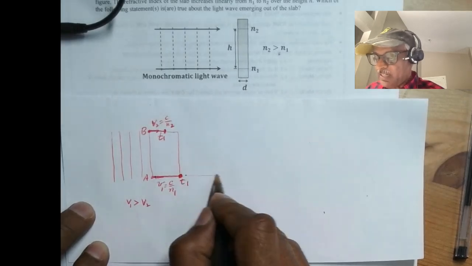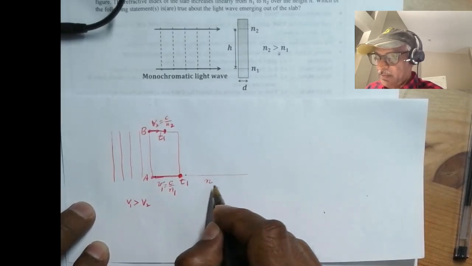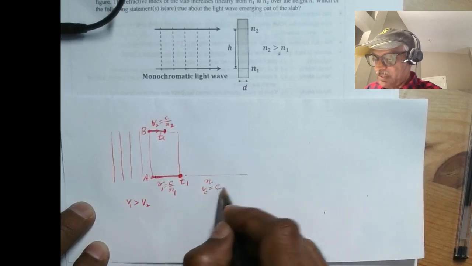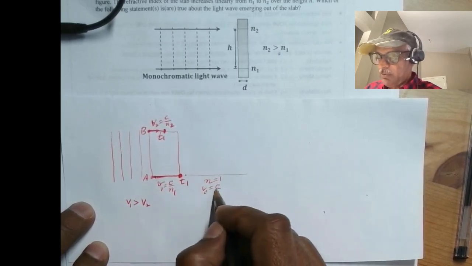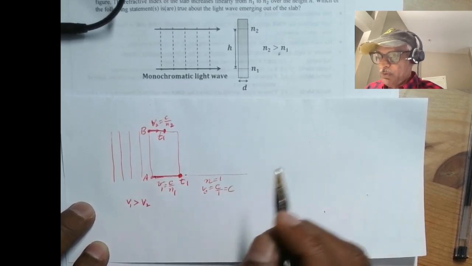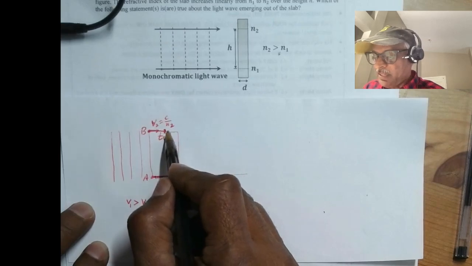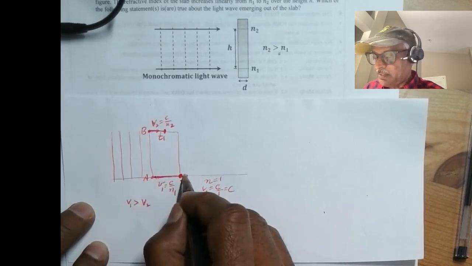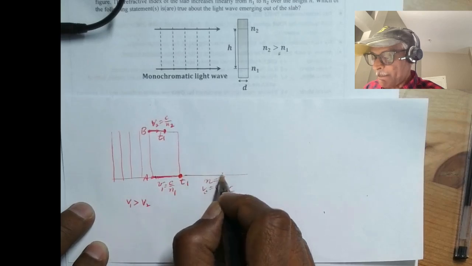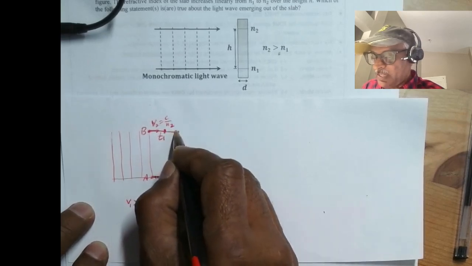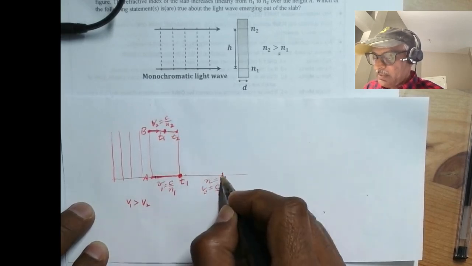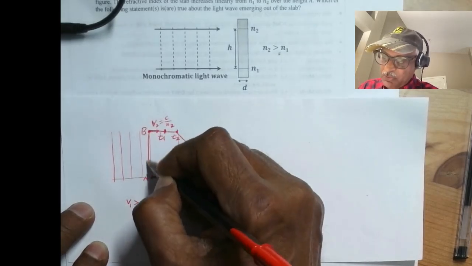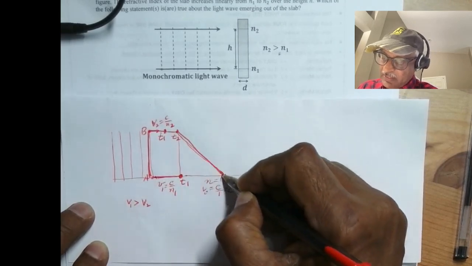Outside, the refractive index is again n equal to 1, so the speed outside is c over 1, which is just c. Now this thing comes out, so this end of the wavefront is still going like this, and by the time this goes over here, at time t2, the wavefront that used to look like this now looks like this.